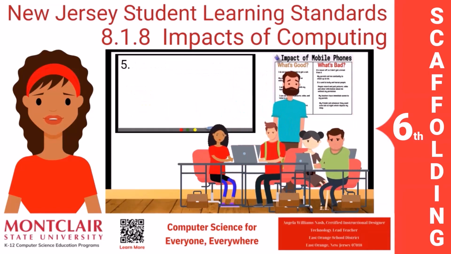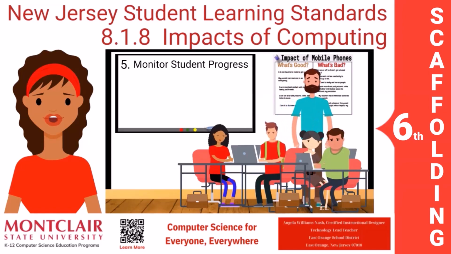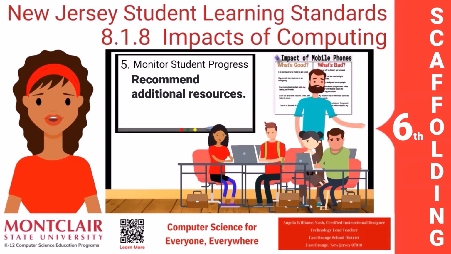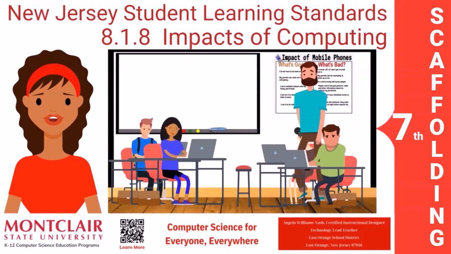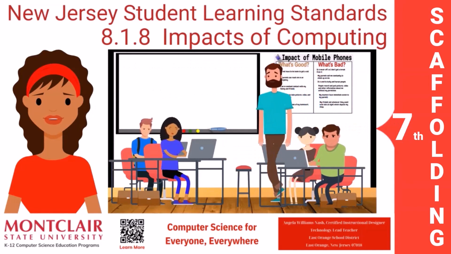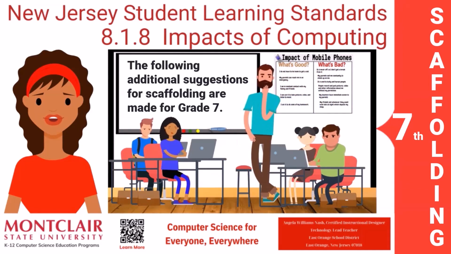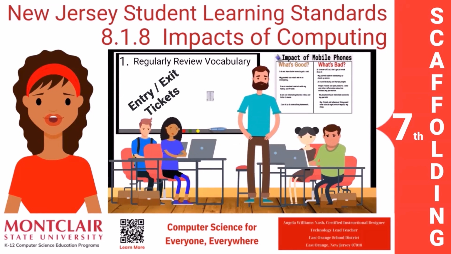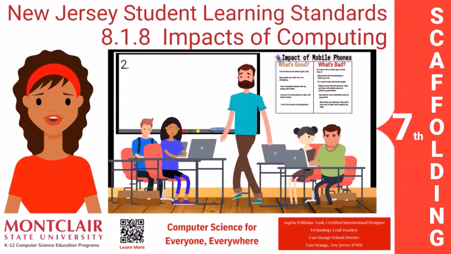5. Monitor student progress during the development of artifacts by asking guiding questions, suggesting avenues of investigation, and/or recommending additional resources. In addition to the recommendations provided for grade 6, the following additional suggestions for scaffolding are made for grade 7. 1. Regularly review vocabulary terms. 2.